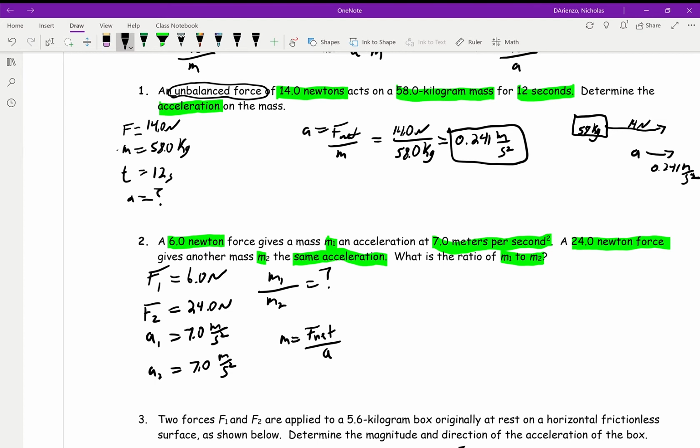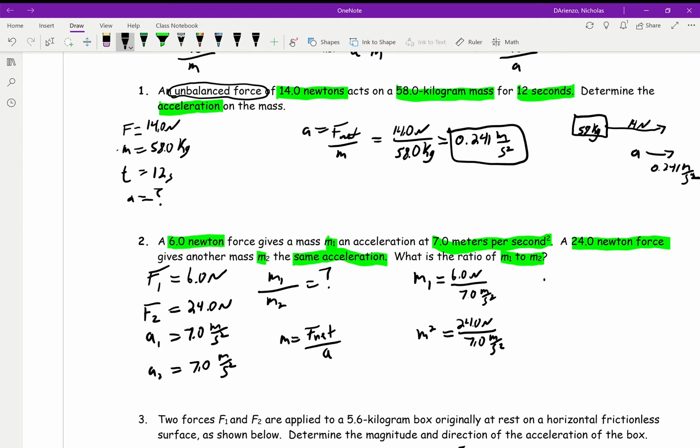So if we apply this to both forces, for example mass 1, F1 was 6 newtons, and the acceleration is 7 meters per second squared. For m2, we know that the force is 24.0 newtons divided by the same acceleration of 7.0 meters per second squared.